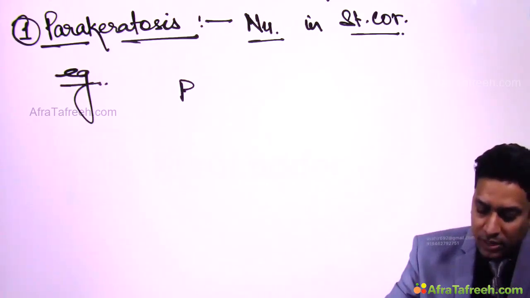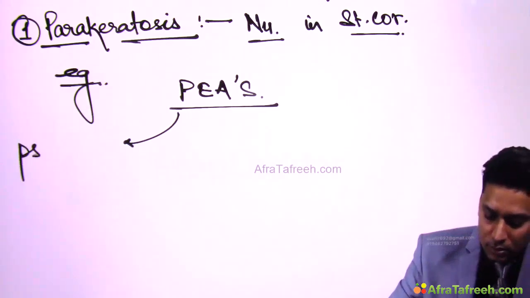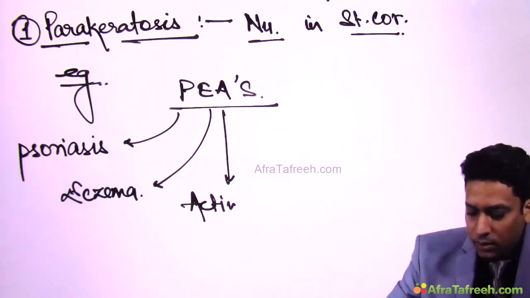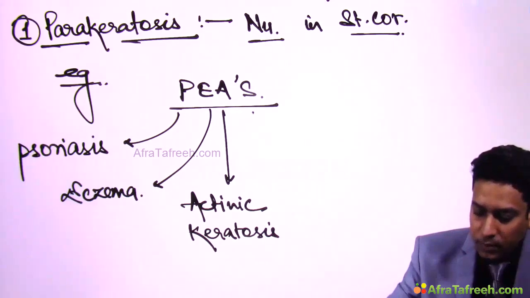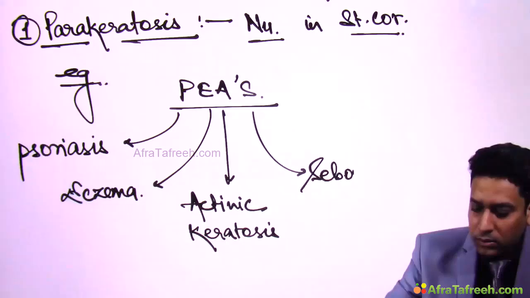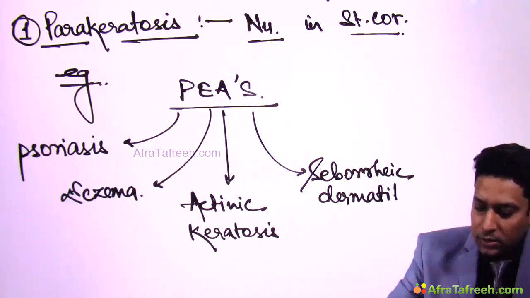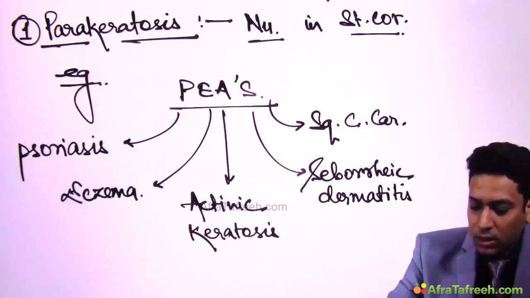Like, this is a very simple mnemonic to remember it. It can be seen in P's, that is psoriasis, eczema, actinic keratosis, seborrheic dermatitis, and squamous cell carcinoma.